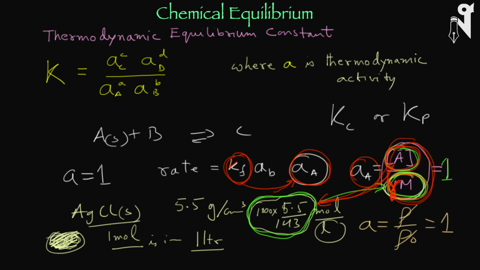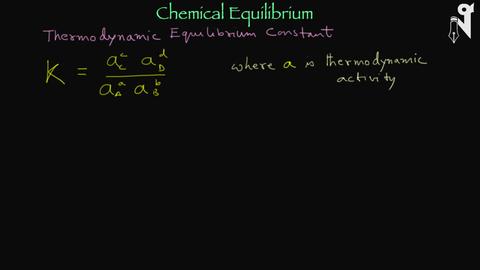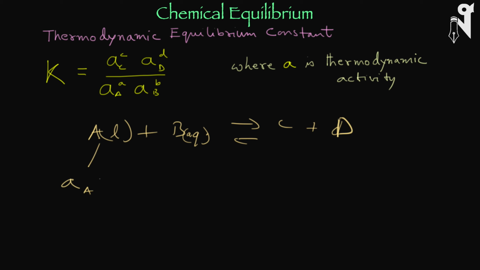So I guess you would have understood that even if it is a liquid, say your A was a liquid reacting with B, aqueous, giving something, again the activity of the liquid is going to be taken as 1. Same reason: the density of the liquid is not going to change.